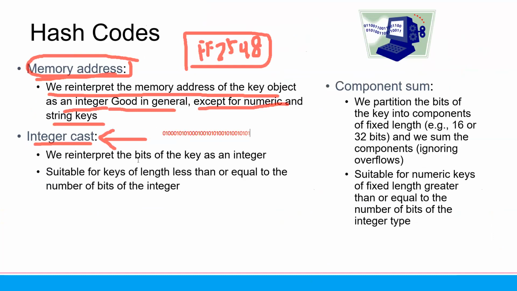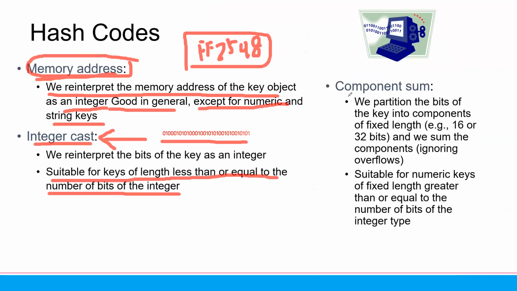We need to reinterpret these bits of the keys as an integer. But this one is suitable for keys of length less than or equal to the number of bits of the integer. So if it is too long, of course it is not possible. If the bit length of the keys is still reasonable, then it is.